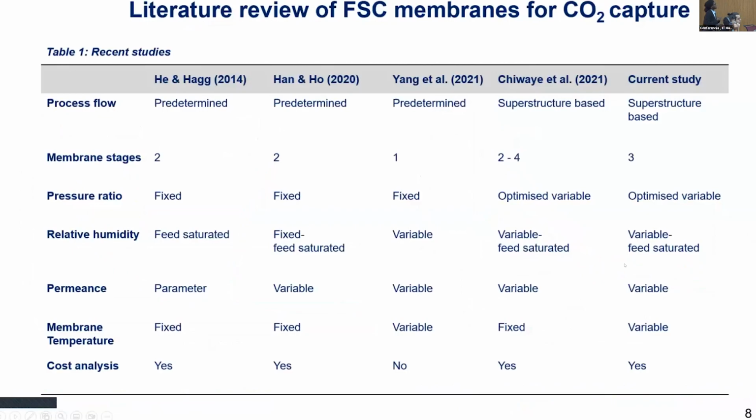In the table shown are some relevant modeling studies in the literature, starting here in 2014, where they assumed constant CO2 permeance, and initially they would assume a high relative humidity because the CO2 permeation is optimum in a humid environment of about 90%. So initially you'd say the feed gas is at 90%.